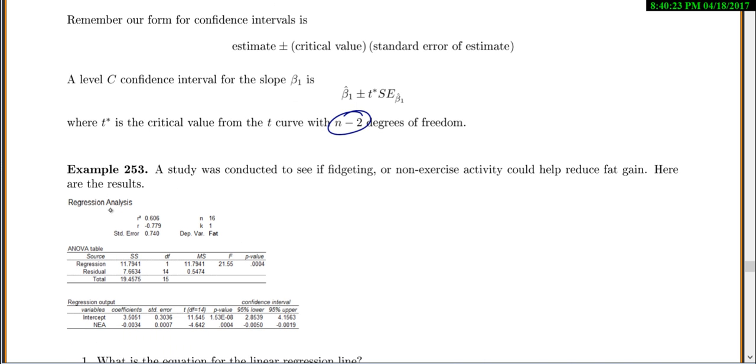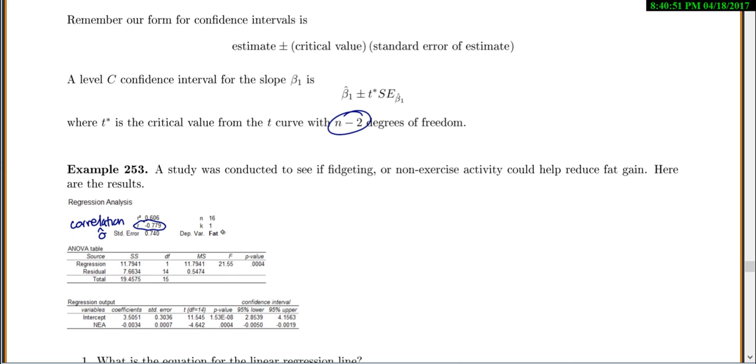Let's see what this actually looks like. So this is a regression analysis, what it looks like when it comes straight from the computer. So we'll see a few things here. Notice we have an R squared. We have an R, that's our correlation. We have a standard error. This is your sigma hat, the standard error of the whole model.